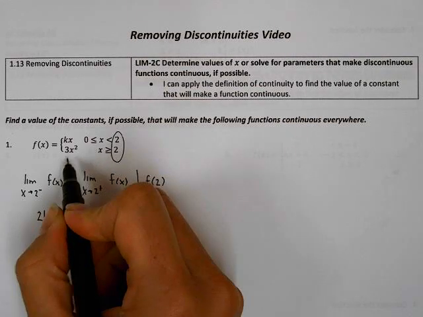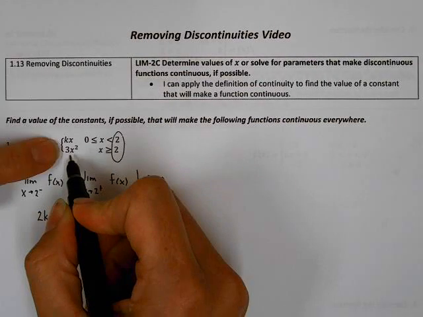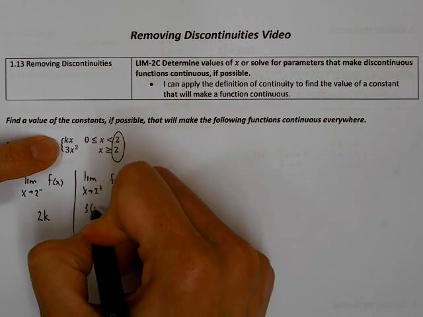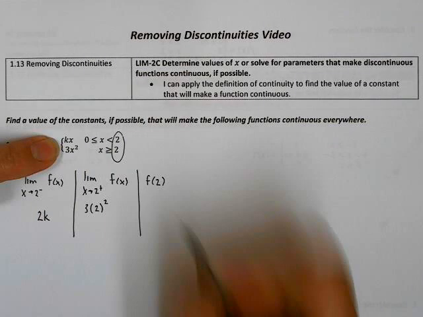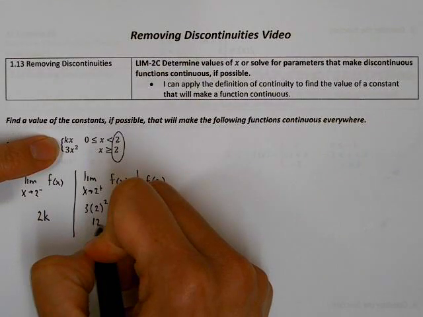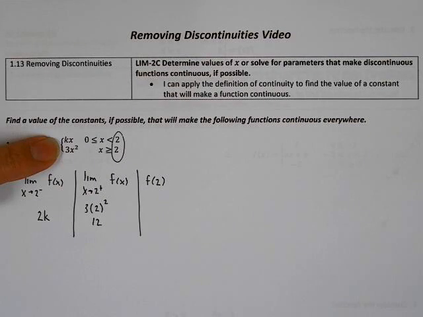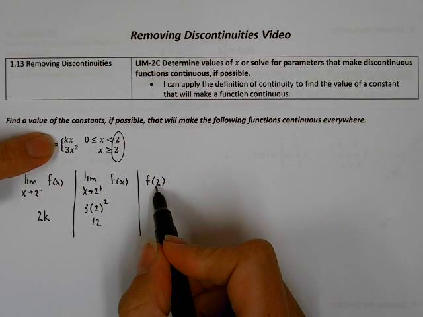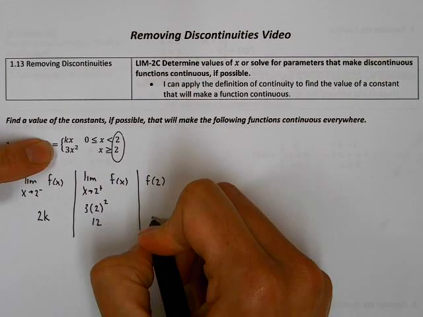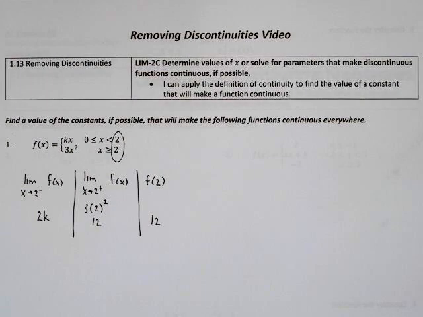So I'm going to use the second piece of the function, and again I'm going to plug in 2. So I'm going to have 3 times 2 squared. So 2 squared is 4 times 3 is going to be equal to 12. And in this case, f of 2, since this is for x greater than or equal to 2, that same value is going to be the function value.